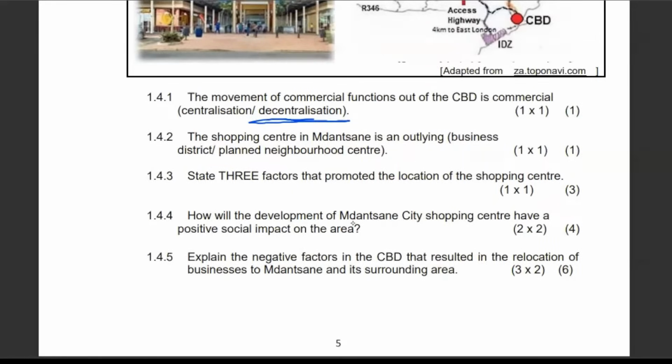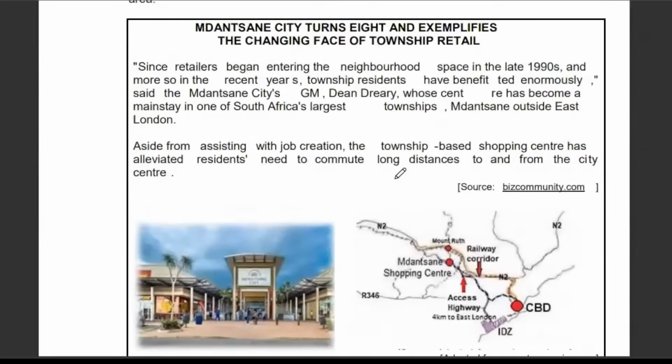Then number 1.4.2, the shopping center, Mdantsane City, is an outlying business district or planned neighborhood center, shopping center. That one you can find in the text.